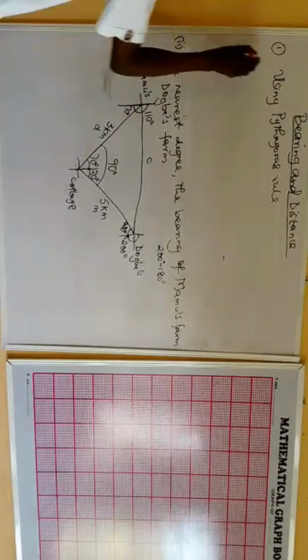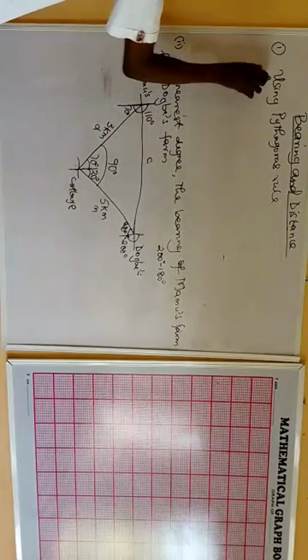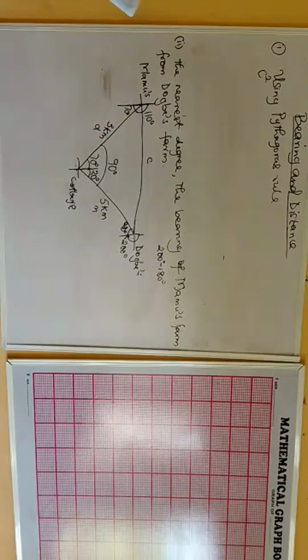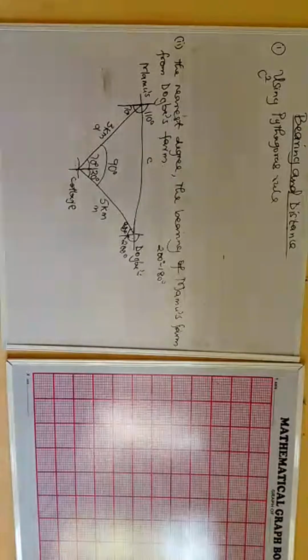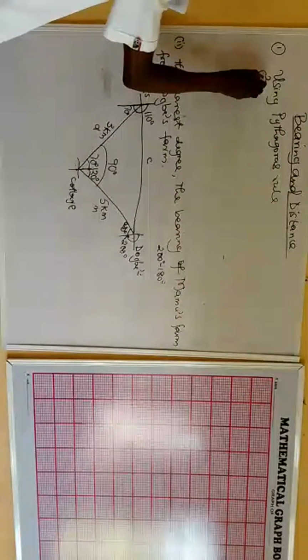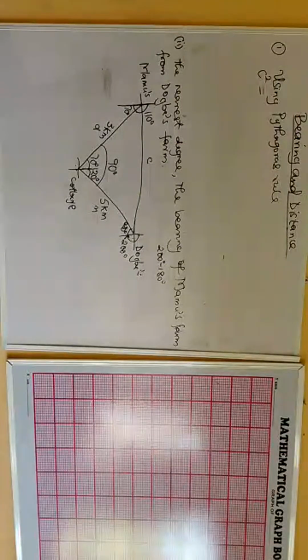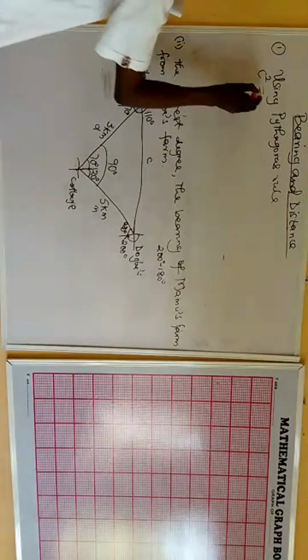We say the square of the hypotenuse, because this is the hypotenuse, the side that faces the right angle, is equal to the sum of the squares of the other two sides.